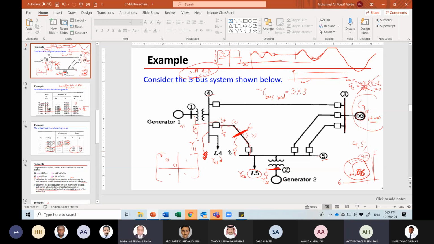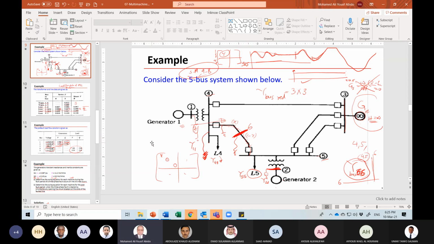We are talking about the general case. Generally speaking, when the fault occurs here, look, when we have a fictitious bus here, when you calculate Y44, you will not take all the admittance of the line. You will take only this part.